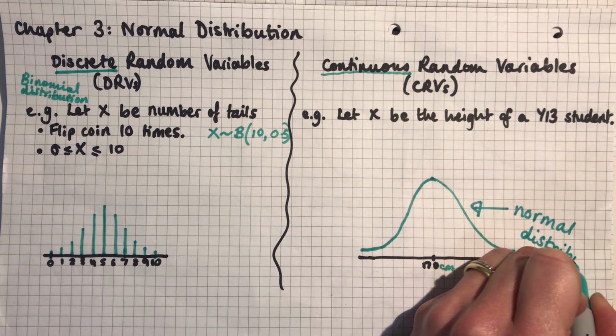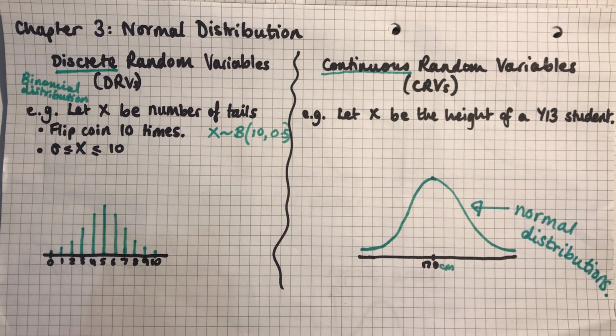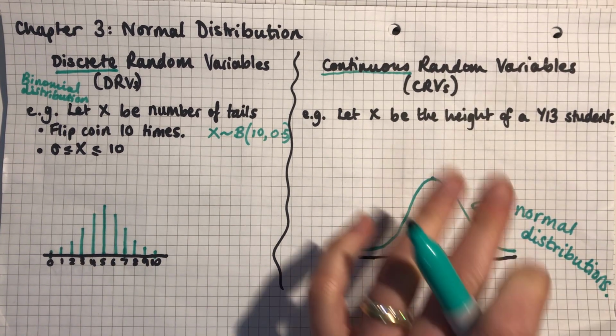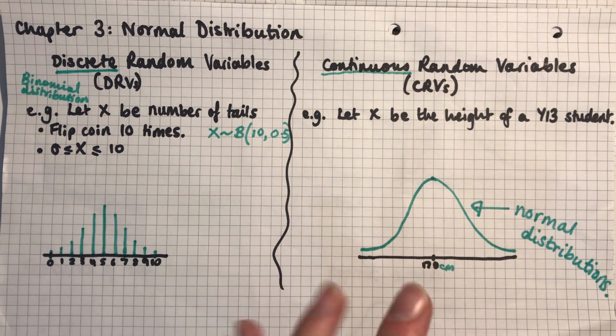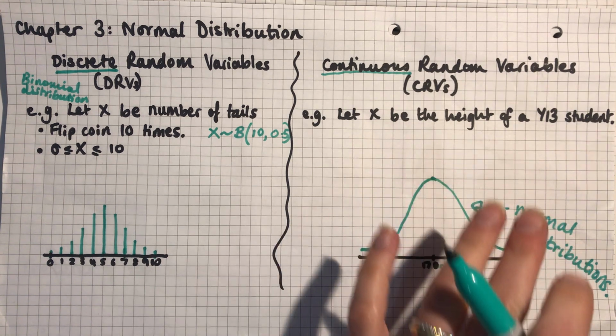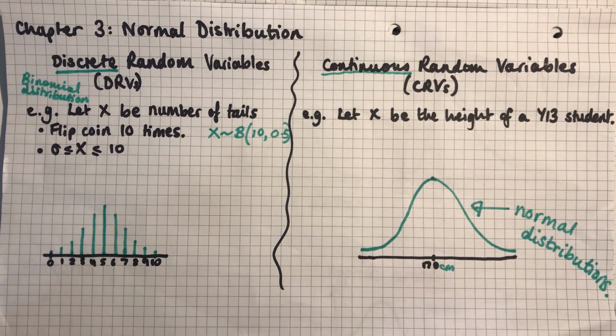And normal distributions occur in all sorts of places. And lots of data tend to fit a normal distribution, either sometimes perfectly, but just like with anything in probability, generally they would approximate a normal distribution and it will be close to that shape. But this distribution here has loads of important features, and that's what we're interested in.